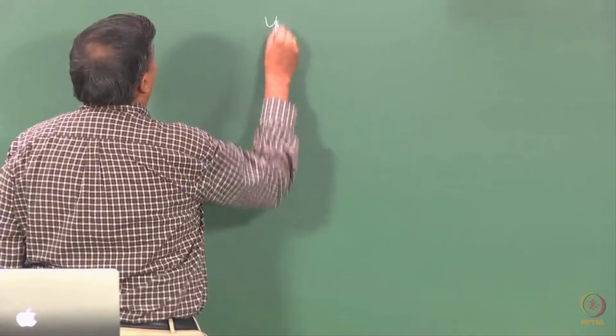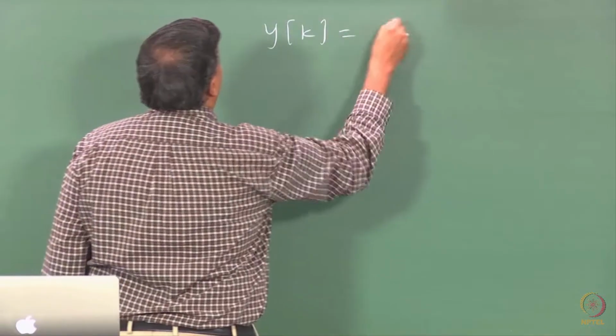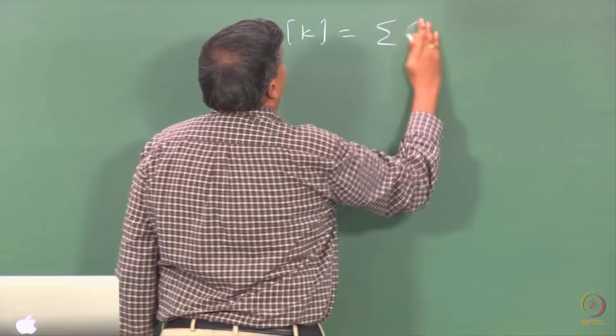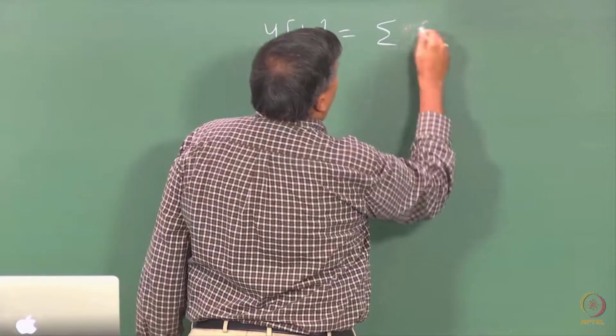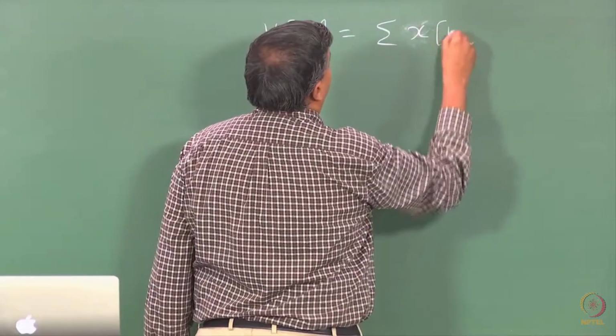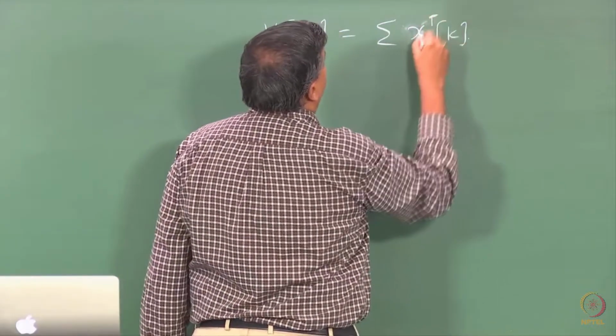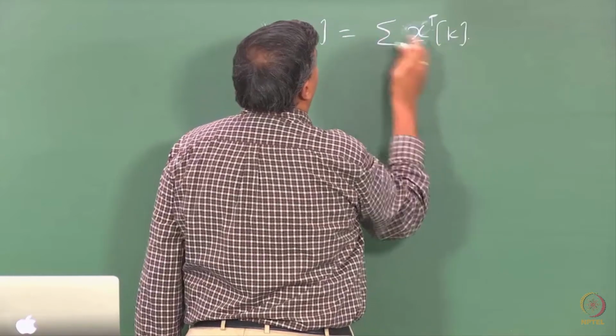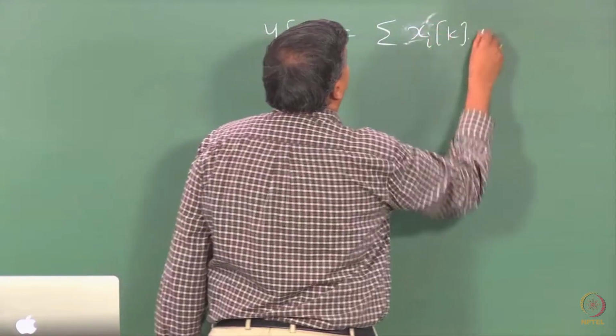So, how do we apply this theorem in solving the least squares problem? It is very straightforward. In the last class, we had used this notation. We said y_k equals sigma, x transpose k theta, or you can say x_i k theta_i.